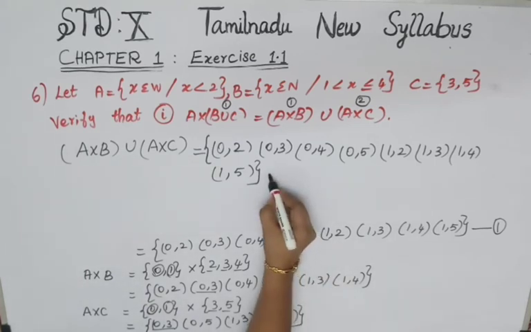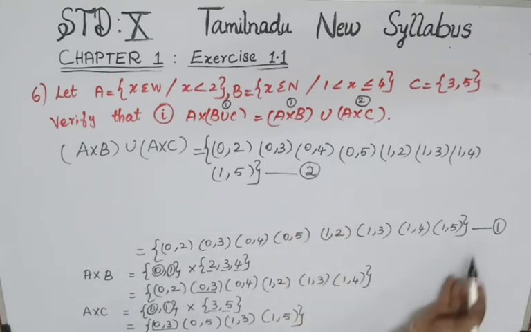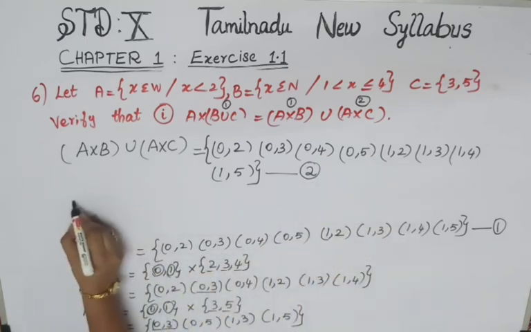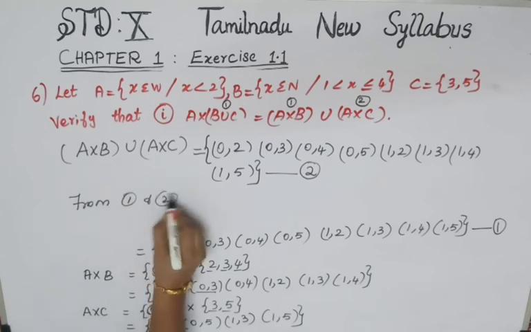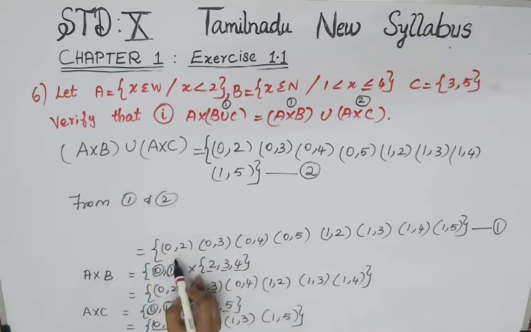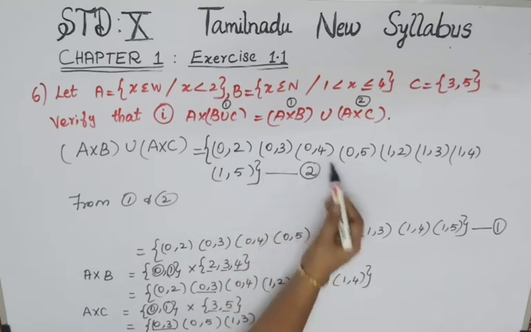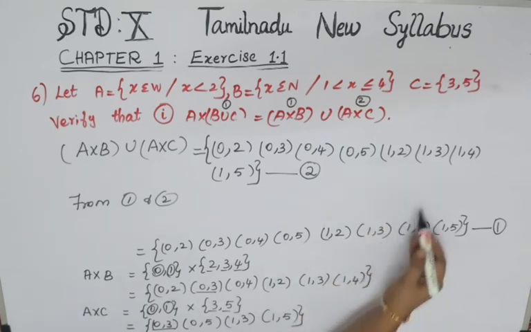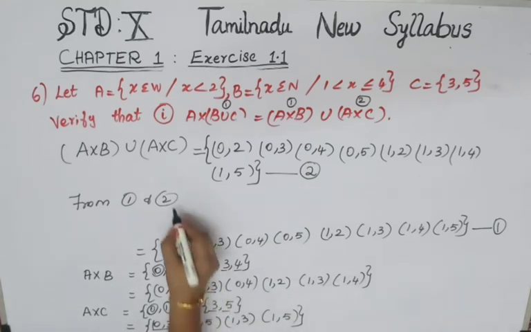So now we will keep this as 2, because we have completed our right hand side. Your first one is your left hand side, 2 is your right hand side. From 1 and 2 we have got everything, both are the same. You can check it: (0,2), (0,2); (0,3), (0,3); (0,4), (0,4); (0,5), (0,5); (1,2), (1,2); (1,3), (1,3); (1,4), (1,4); (1,5), (1,5). So all the ordered pairs are there, so you can write them as equal.